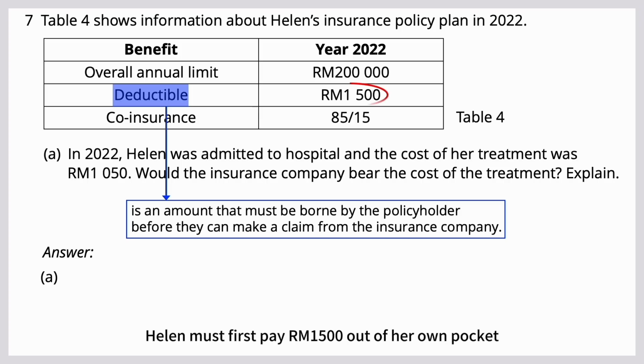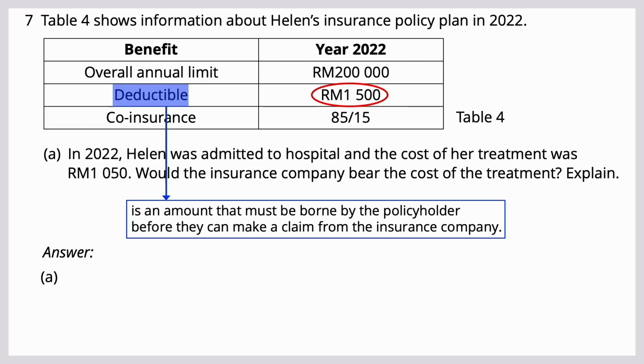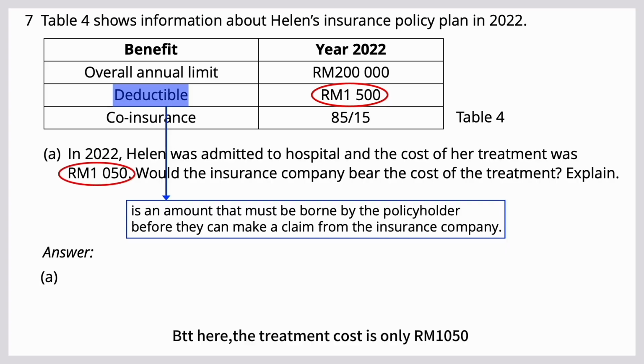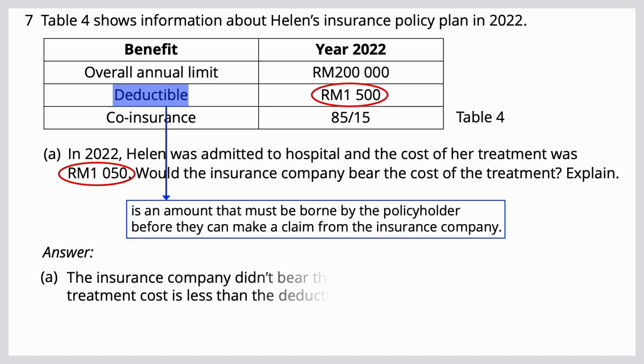Helen must first pay 1500 ringgit Malaysia out of her own pocket before the insurance starts paying. But here, the treatment cost is only 1050 ringgit Malaysia, which is less than the deductible 1500 ringgit Malaysia. Thus, the insurance company didn't bear the cost of the treatment, because the treatment cost is less than the deductible amount.